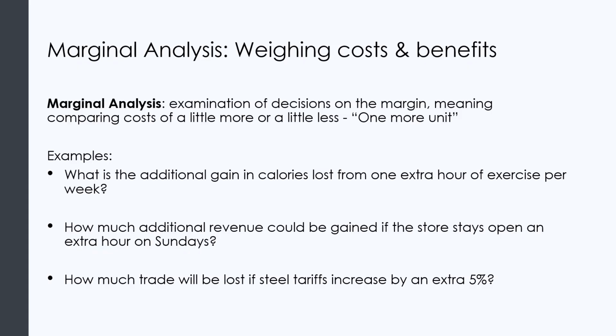Now, making a decision at the margin means when you're looking at your choices for a little bit more or a little bit less of something. And often you'll hear it described as what would happen if I have just one more unit of a good or a service.